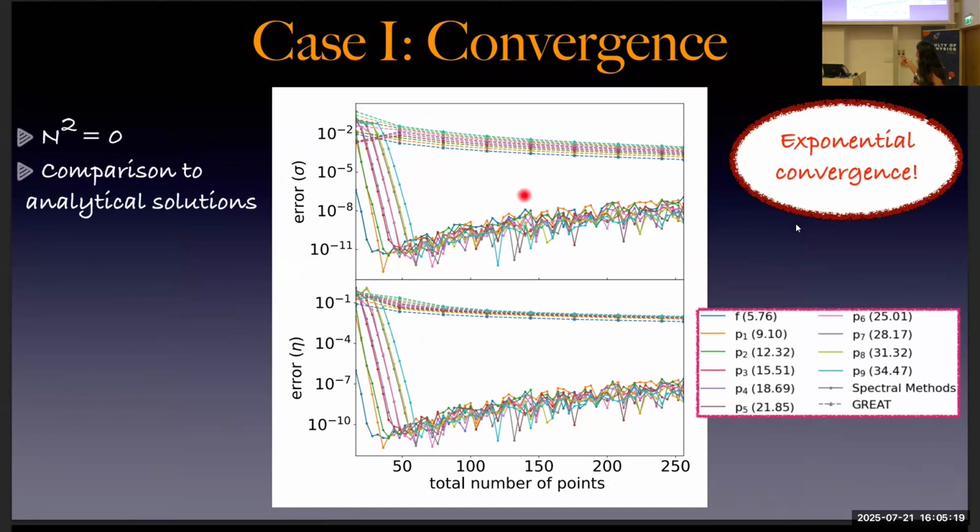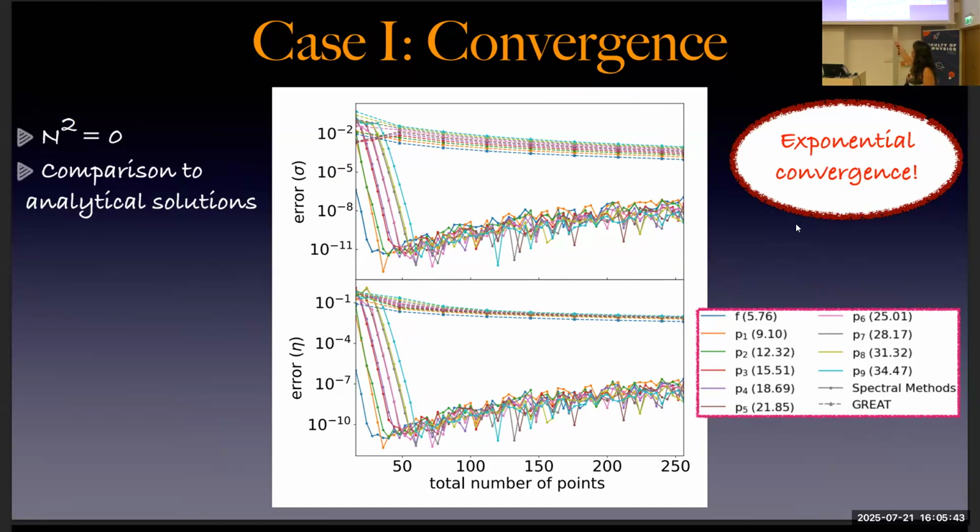And here, the error is growing again with the total number of points. This is also characteristic of the spectral methods because the accuracy depends on the condition number of the matrix. Now, the upper lines that you can see in both plots are the convergence that we got from the code that has been used in the Valencia group.